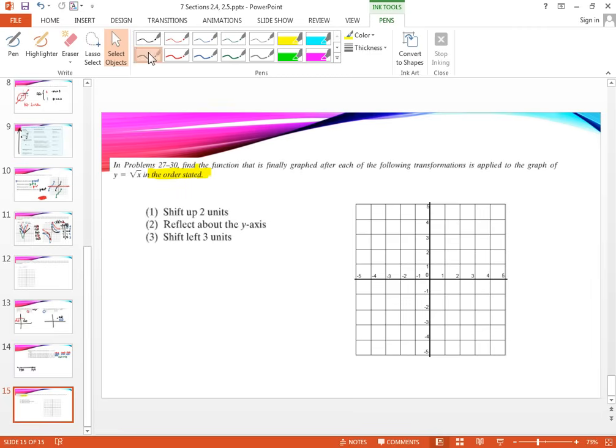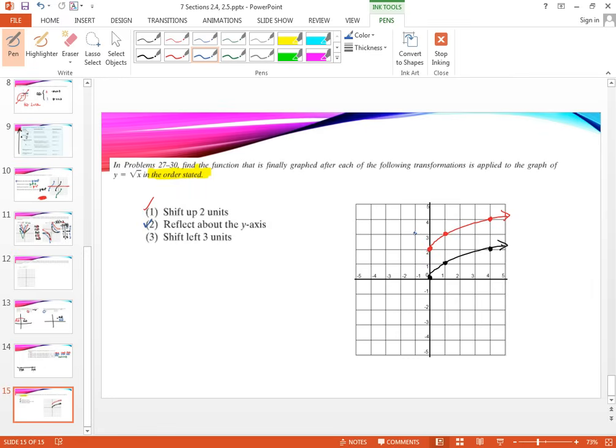Okay, so we're going to start with the graph of y equals square root of x. 0, 0, 1, 1, square root of 2, square root of 3, square root of 4 is 2. So that's my base graph right there. Okay, literally take that graph and move it up 2 is what number 1 says. So up 2, up 2, up 2, like that. Now, take the red graph and flip it across the y-axis.